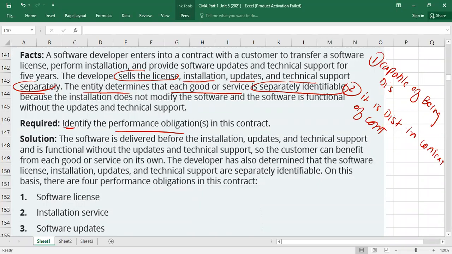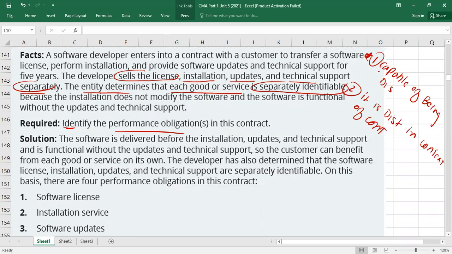Now guys, look. Do you remember? In the first point I told you capable of being distinct, meaning the customer will get the benefit on their own or along with other products. Yes, the customer can take the benefit only from your software copy, only from updates, only from technical support, or only from installation.